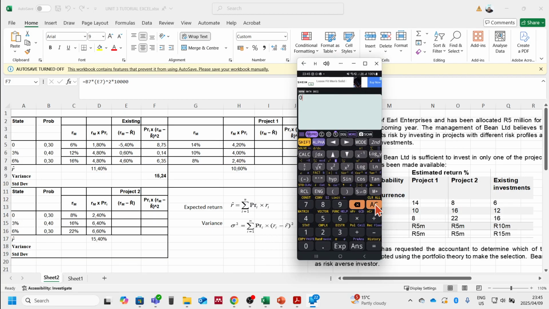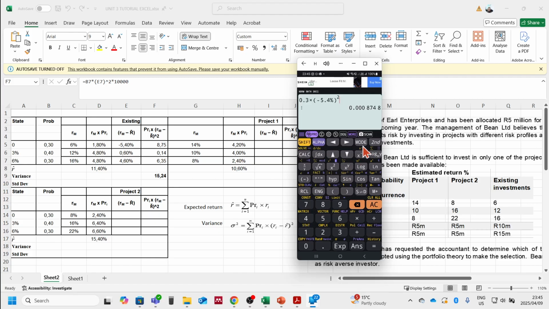So we are saying 0.3 multiplied by, in brackets, minus 5.4% to the power of 2.